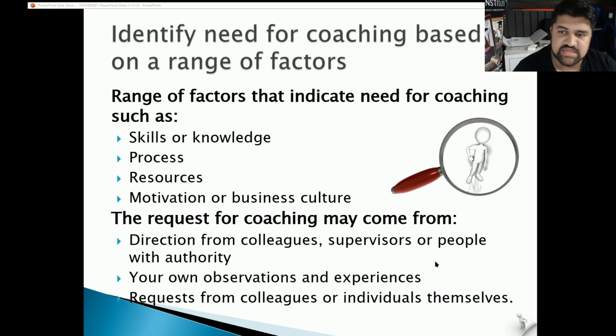The range of factors that indicate need for coaching are skills or knowledge, the process that you have currently or might implement in the future, any resources that you might have just bought or are planning to implement, motivation, or the business culture. The request for coaching may come from direction from colleagues, supervisors, or people with authority, your own observations and experiences, and requests from colleagues or individuals themselves.